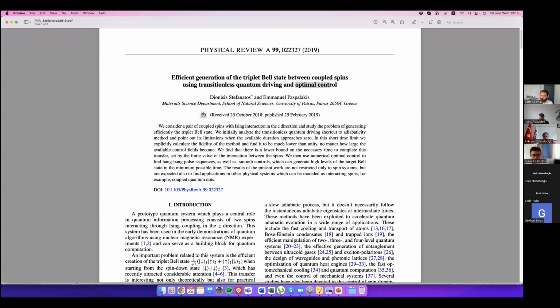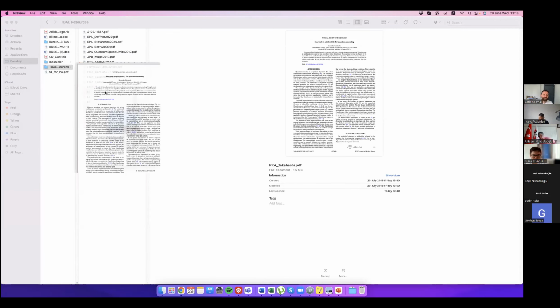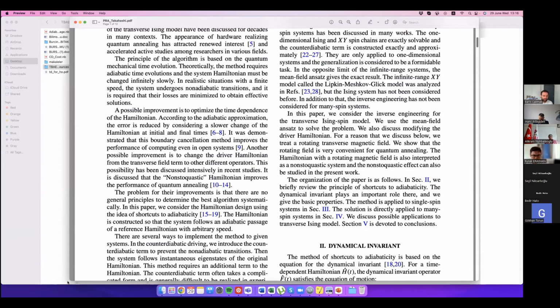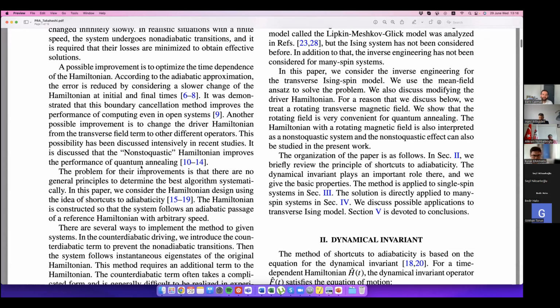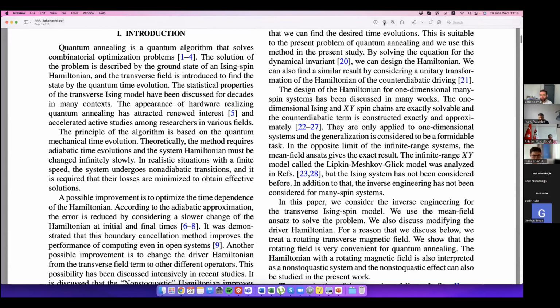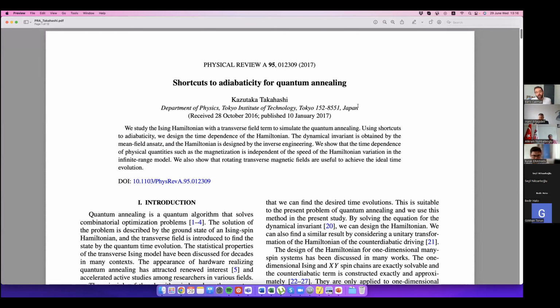Another probably interesting one would be this: shortcuts to adiabaticity for quantum annealing. Now let me very briefly say a couple of things about quantum annealing. Quantum annealing is a way of doing quantum computation, okay?